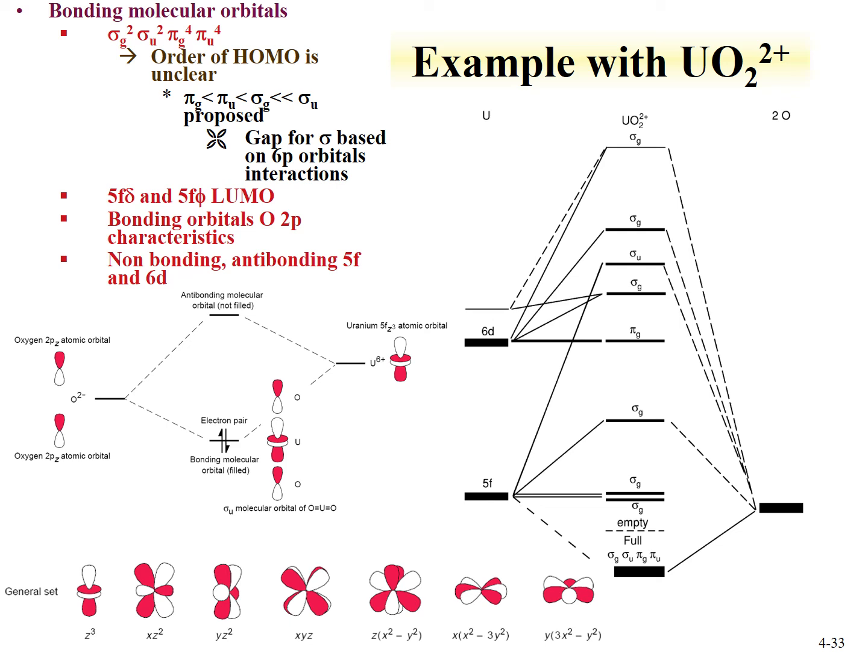From the molecular orbital, we see that the metal, the uranium, contributes F's and D's, where the oxygens are going to just contribute S's and P's. We see that the highest occupied molecular orbital is a mixture of sigma and pi bonds, and what we measure in UV vis is this transition.